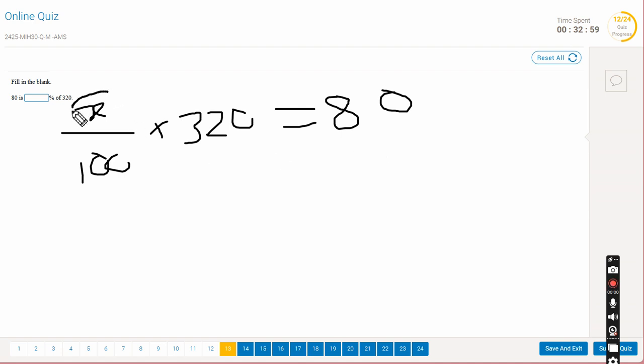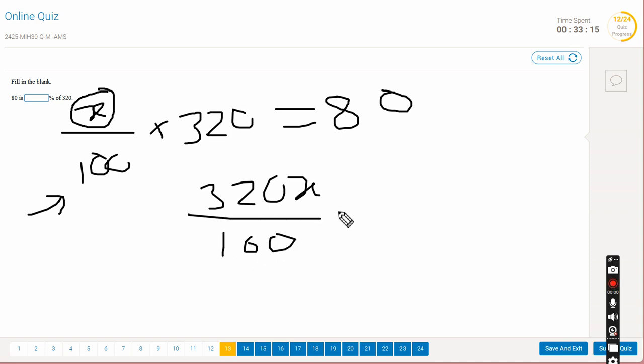So what do you want to find? You just want to find x, right? Because what is a percentage? Percentage, you can think that that's the 100. So we can just write the 100 here, that there's 100 at the denominator. Think of it in that way. So 320 x over 100 equals 80. You can take it to the other side.